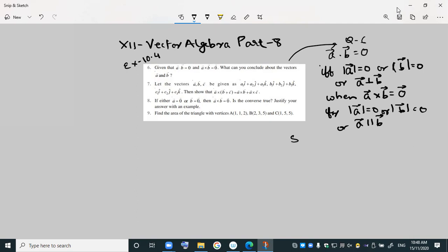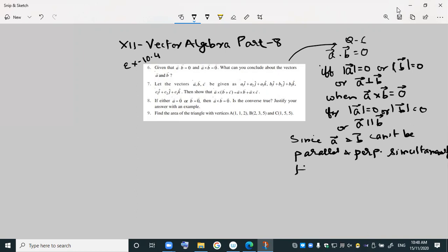So hence you can write the reason: since A and B cannot be parallel and perpendicular simultaneously, which is not possible. Either they will be parallel or perpendicular, but both cannot hold simultaneously.